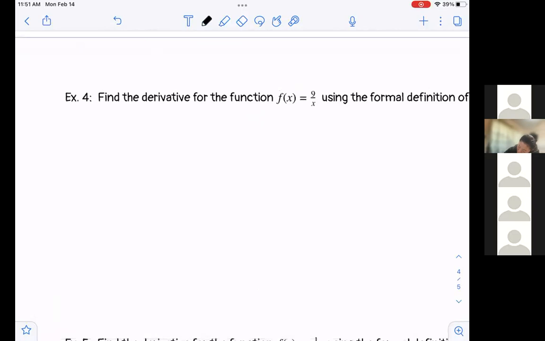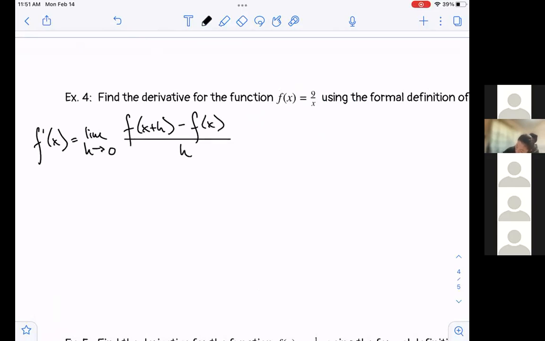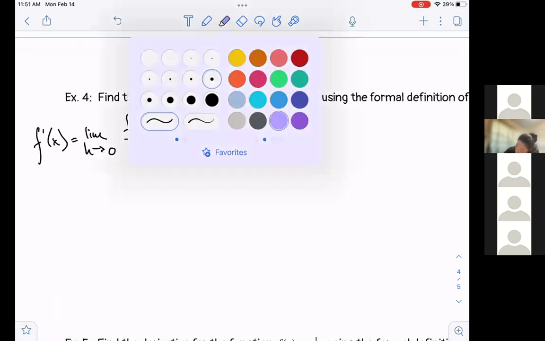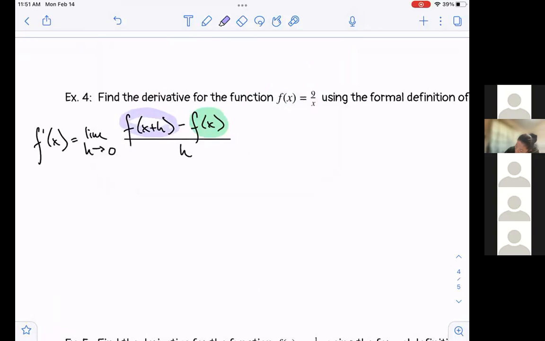So I'm going to set things up. I want to write my f prime of x equals the limit as h approaches 0 of f of x plus h minus f of x all over h. Can someone tell me what they think our f of x plus h is in this case?